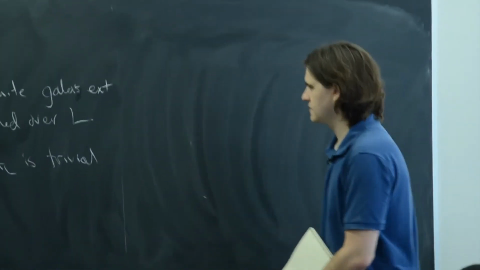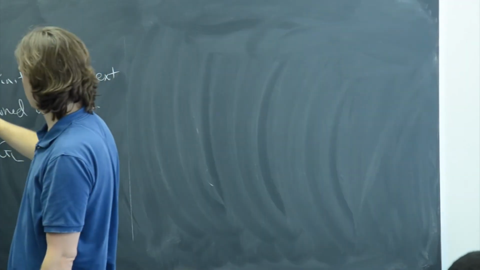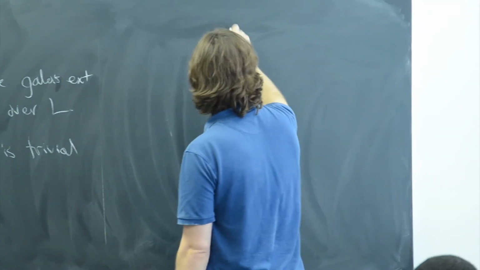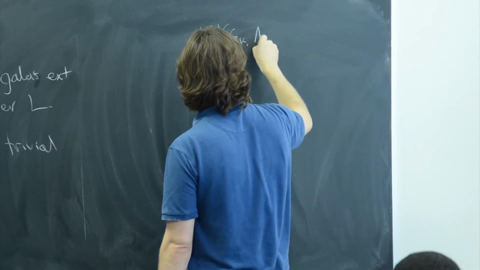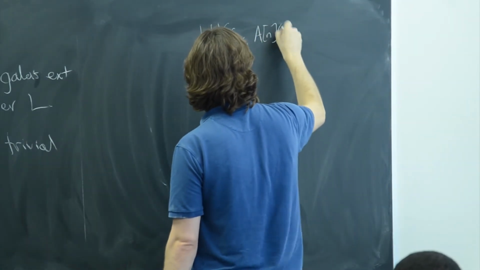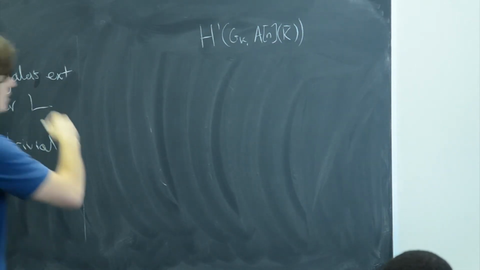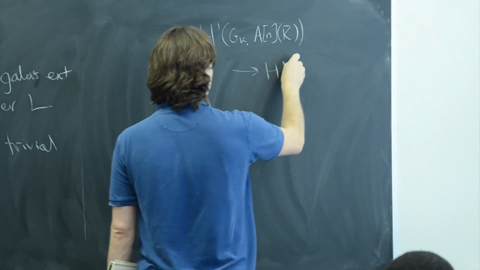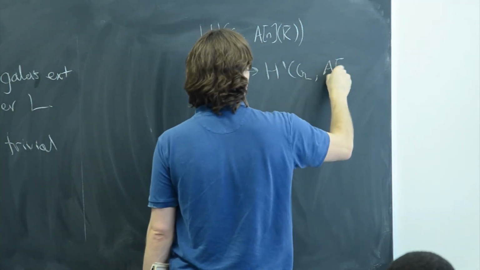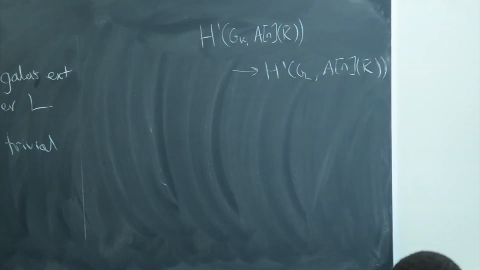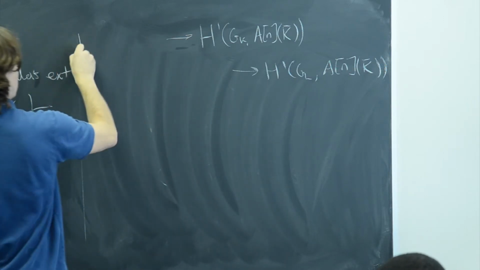So there's an exact sequence that relates cohomology of G_K with cohomology of G_L. So you start with the cohomology of G_K. Now, the absolute Galois group of L is a subgroup of G_K, so you can restrict a one-cocycle to G_L and get a map like this. And then the kernel of that map is exactly H1 of the finite Galois group.